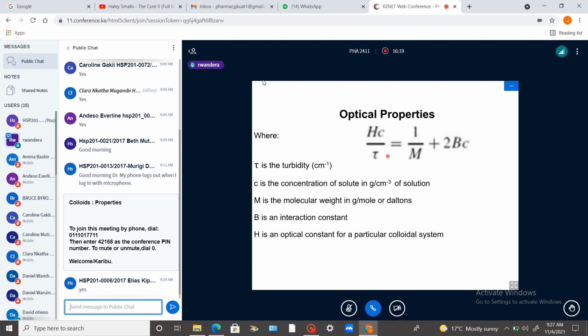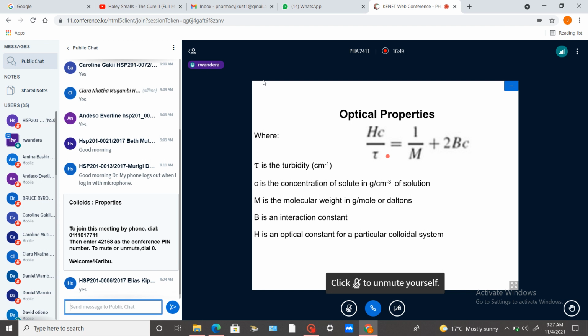So this is the expression that you're looking at. So this is the turbidity. C is the concentration of the solute, of your colloid, in grams per centimeter cubed of the solution. I think this one you can be able to determine. M is the molecular weight in grams per mole or Daltons of your colloids. So this is what you are interested in determining.